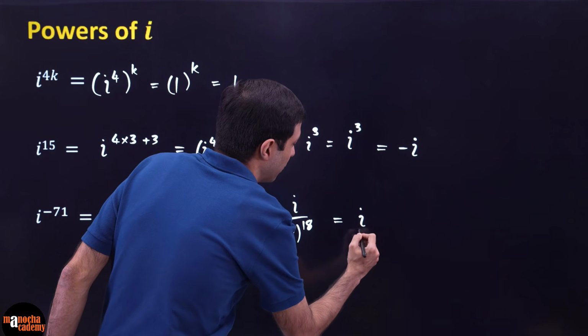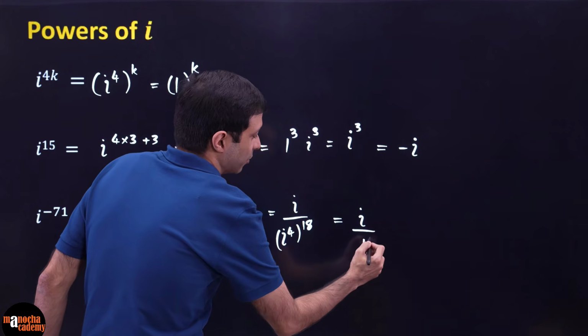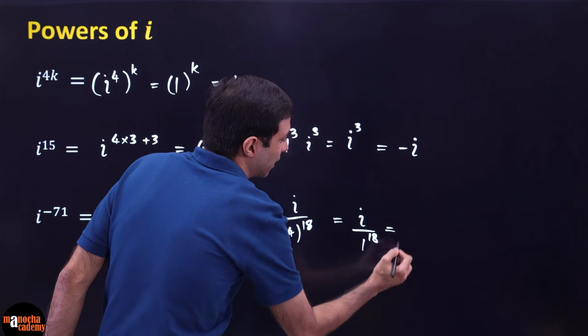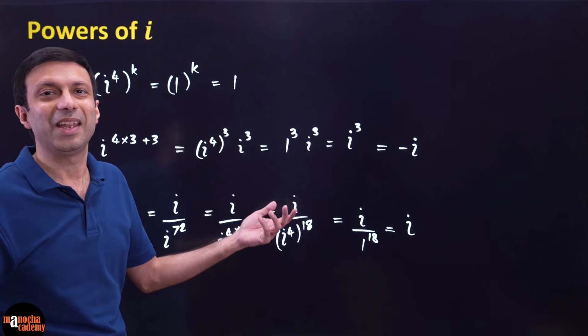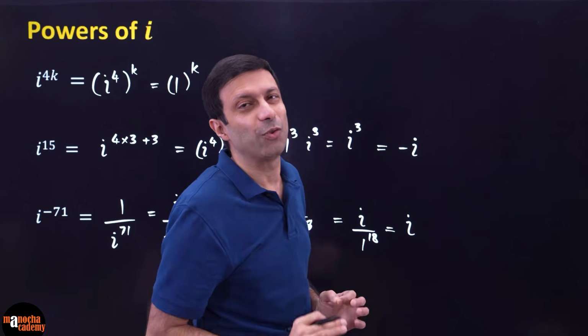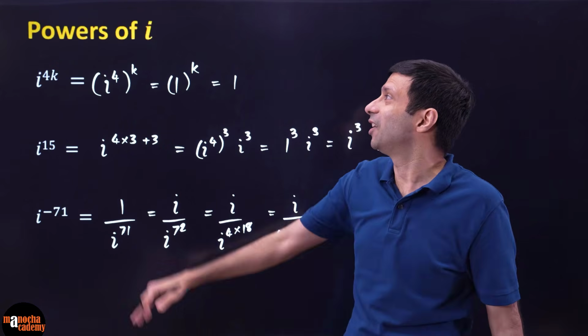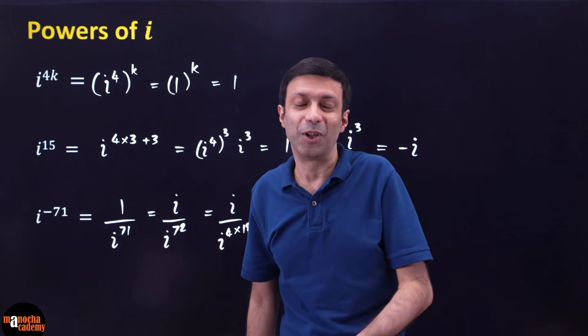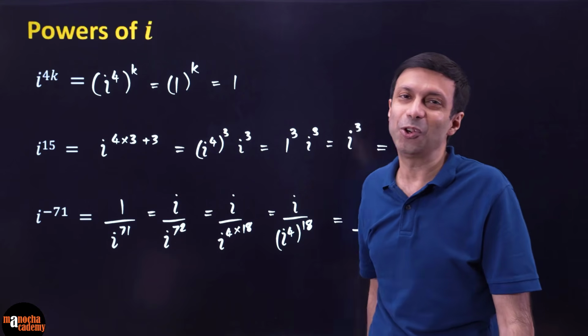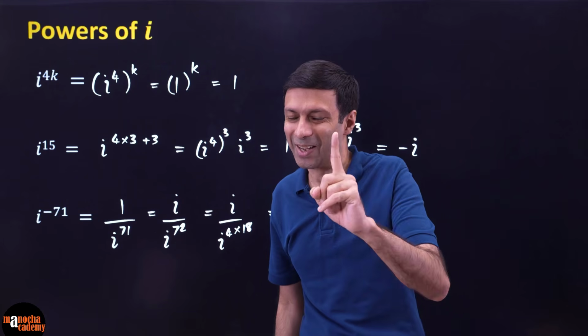We know the answer is going to be 1. So 1 to the power 18 or whatever, that's going to be 1. So the final answer turns out to be simply i. So what is the important trick that you've learned here? Try to get it to this i to the power 4, because it becomes very easy, because i to the power 4 is simply 1.